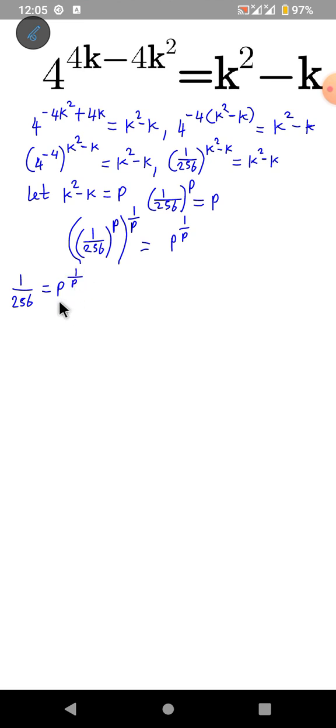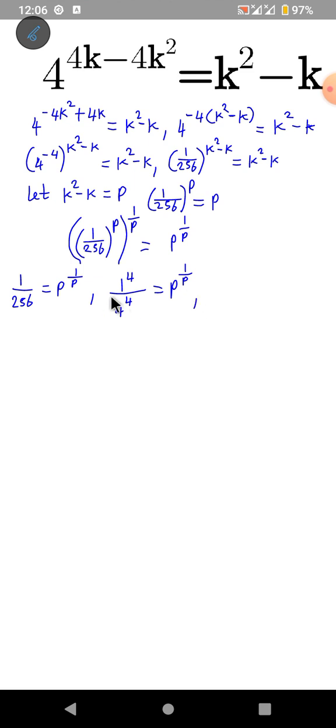Then now I can write this expression here now as this one now is the same thing as 1 raised to the power of 4. So I write it 1 raised to the power of 4 all over, then this 256 I can write it as 4 raised to the power of 4 also. So here will become 4 raised to the power of 4 all equal to p raised to the power of 1 all over p.